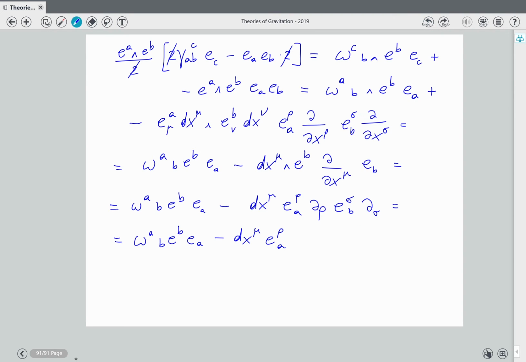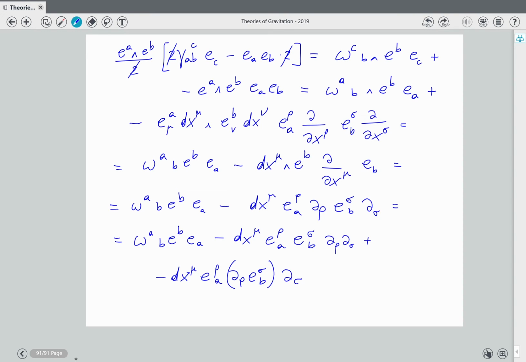So one contribution will be E sigma B partial rho partial sigma. And I forgot something, now I see it. Minus, now we correct it, dx mu E rho A d rho E sigma B partial sigma.